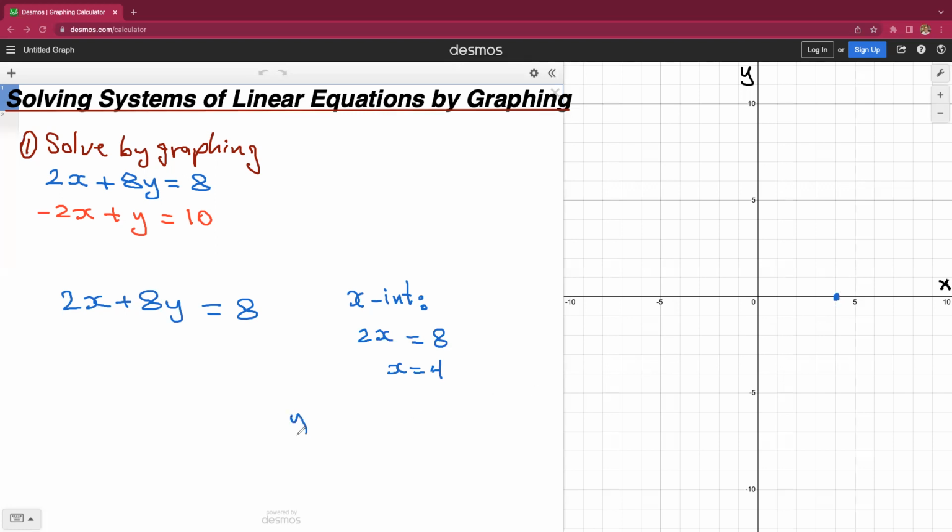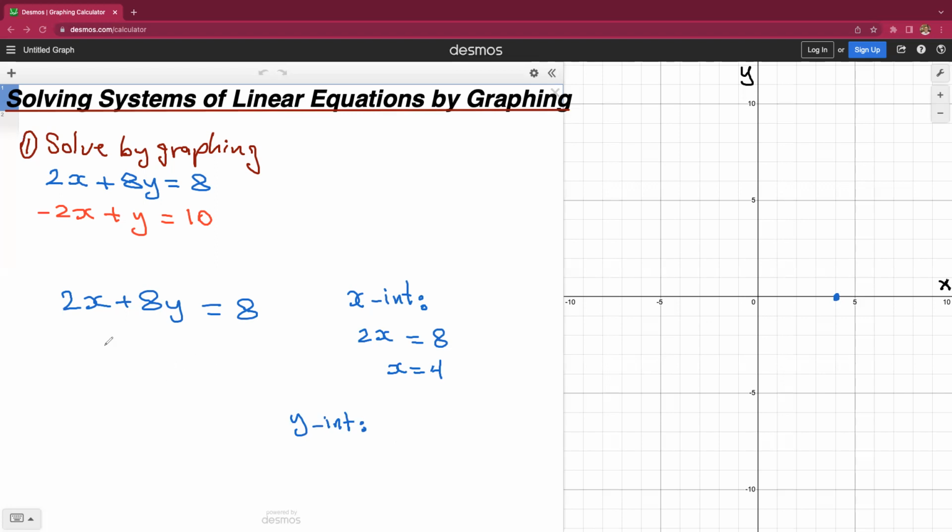Now, how about the y-intercept? The y-intercept is the point on the y-axis for this equation. And on the y-axis, the x value is always 0. That works for all kinds of graphs, not only linear equations; it's also for other equations that you're going to learn in the future.